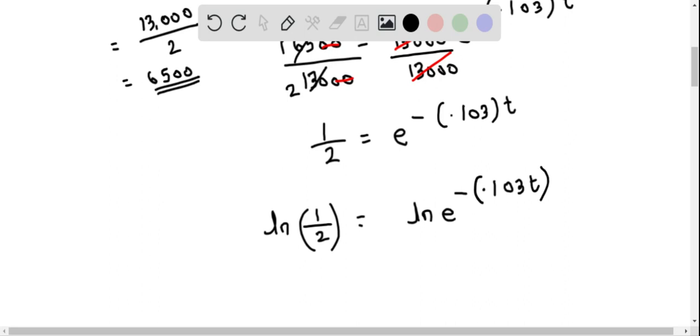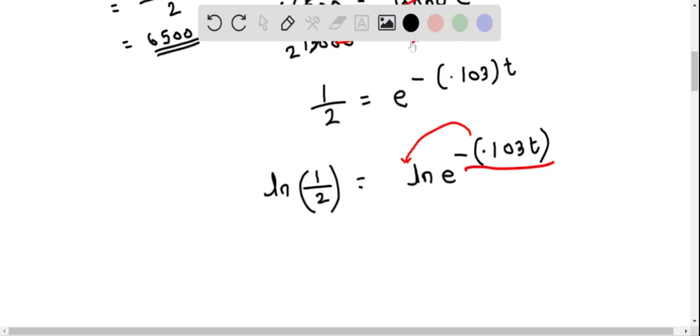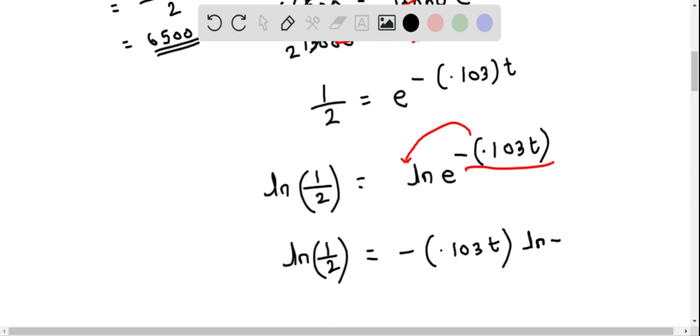And using the power rule of natural logarithm, I can put this expression, that is a negative of this quantity, into front. And so in the next step, I write natural logarithm of half equals negative of 0.103t times natural logarithm of e. And so we can solve for t from this equation.